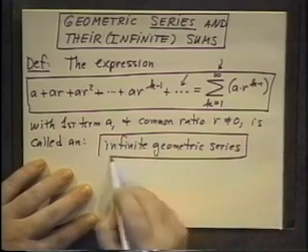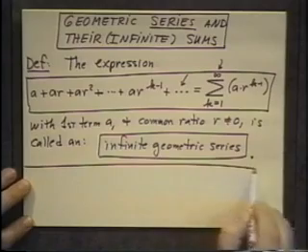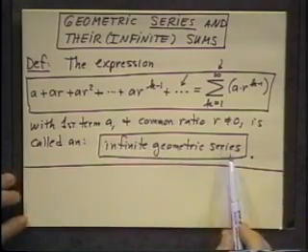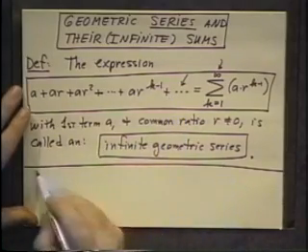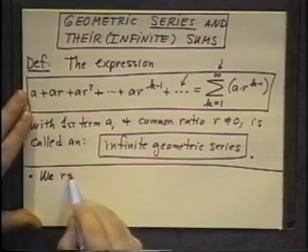Now, the word series has come down to us from history. And you might say, why didn't we just call this an infinite geometric sum? Because we're adding things up after all. Well, that's a very good question, and I'm going to give you the reason why we don't do that.